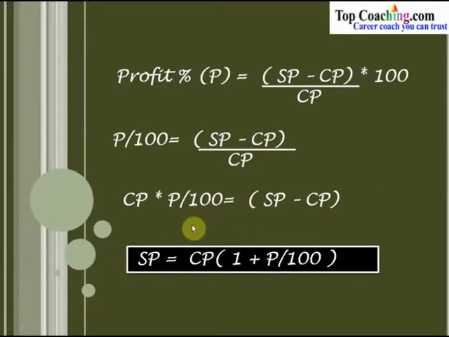Or further, we can write this as SP equal to CP into 1 plus P by 100. So, this formula helps us to calculate the SP when we know the CP and the profit percentage that has occurred. So SP is equal to CP into 1 plus P by 100, where P is the profit percentage that has occurred, CP is the cost price of the article, and SP is the selling price of the article.